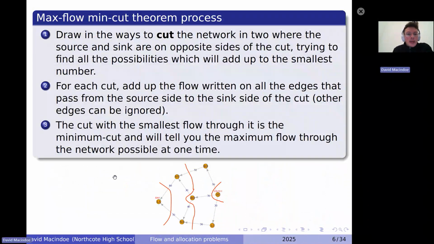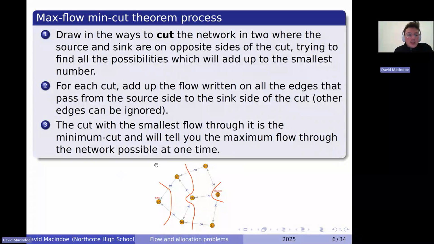Okay, with this max flow min cut theorem process, you could think about it as drawing in all the different ways to cut the network in two, where the source and the sink are on opposite sides of the cut. Admittedly, in practice, you don't really have to do that. You just have to do all the ones where you think you're going to get the minimum value from the weighted network, where we're counting how much of the weight goes from the source side to the sink side.